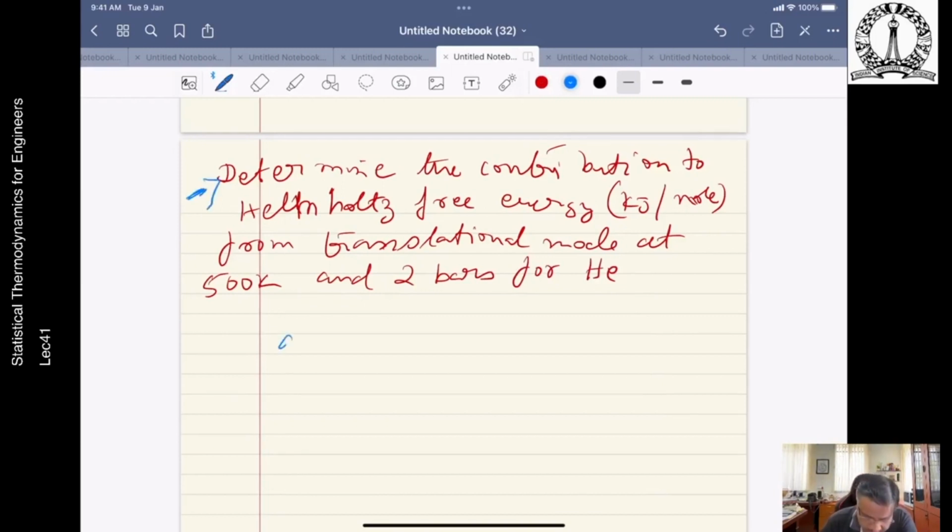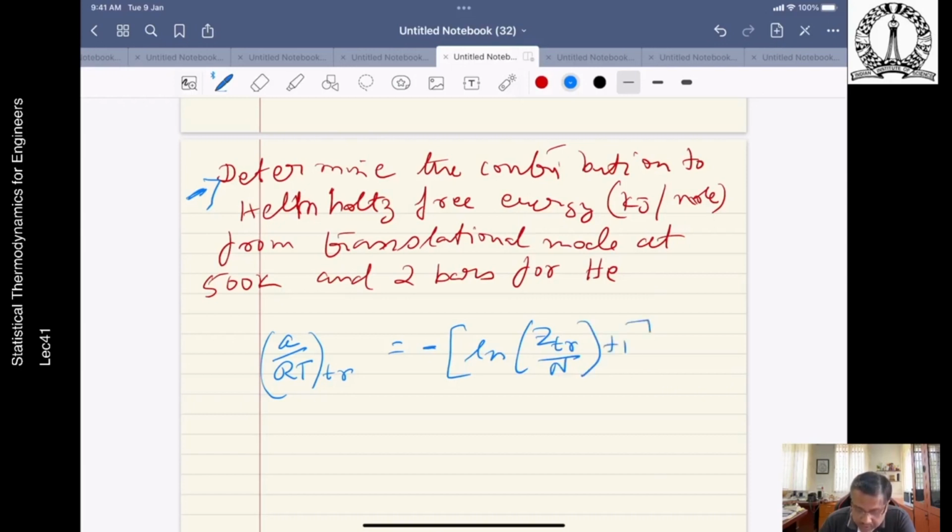So, Helmholtz free energy. Again, if you recall the definition, how it can be written in terms of the transfer function. ZTR by N is given as (2 pi m kT by h square) to the 3 by 2.